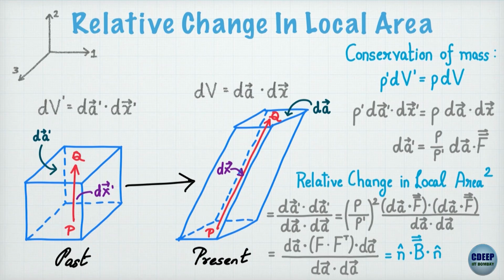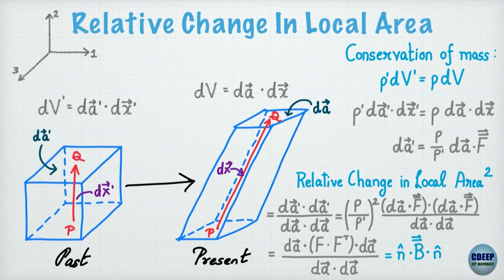So, we will use the volumes to get there. The differential volume here can be thought of as the area vector dA dash dotted with the length dx dash. The area vector is nothing but the magnitude of the area with the direction of the normal, and to get the volume you will dot it with the dx, the direction in which you are sweeping it. Same here, the differential volume would be dA dot dx.